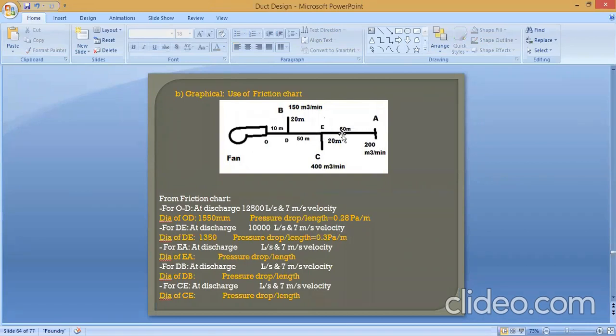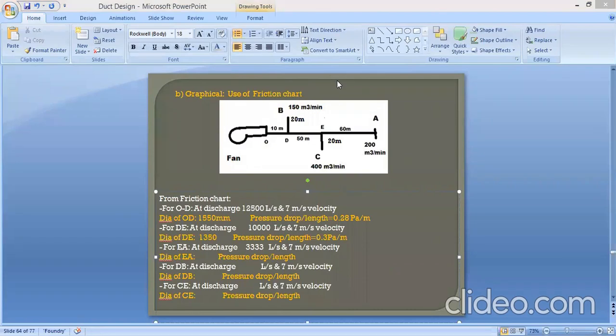So this is the E to A section. How much air does it need to handle? 200 meter cube per minute. Convert that, 200 into 1000 divided by 60, that comes to be 3,333 approximately, and velocity is 7.